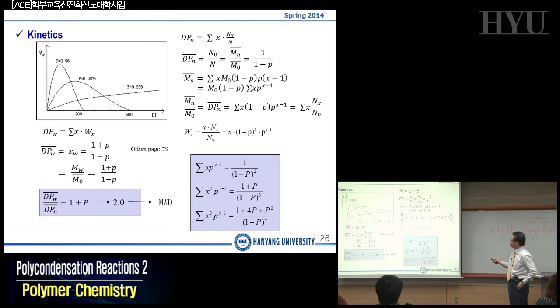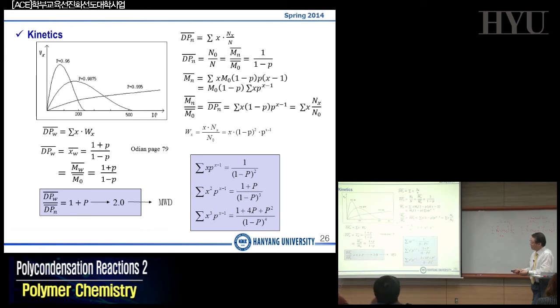This equation can be derived from the definition of DPw, and with the mathematical treatment around the given equation, you can come up with these final equations.